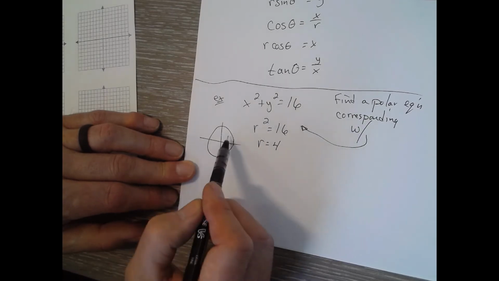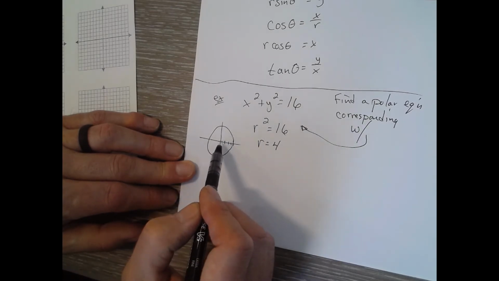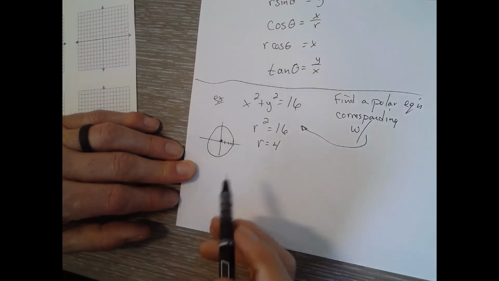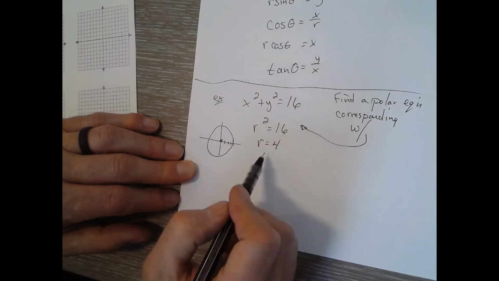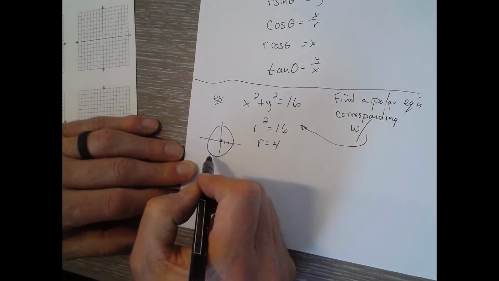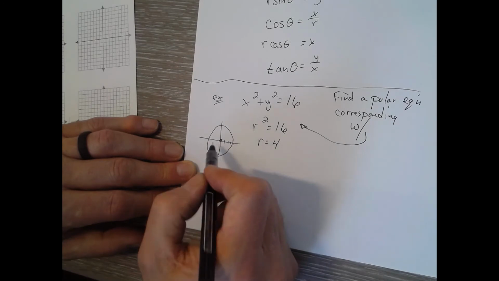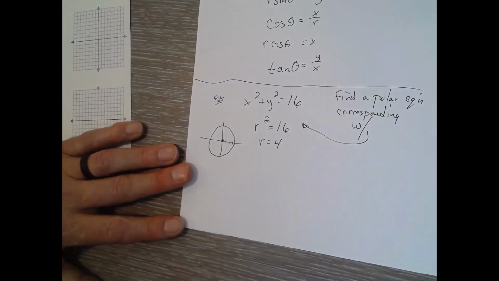Well, that sounds like a circle to me. All points equidistant from a point where that distance is 4 is a circle with a radius of 4. Now if it was negative 4, all of these negative 4s actually just correspond with positive 4s also. So you only have to write r equals 4.